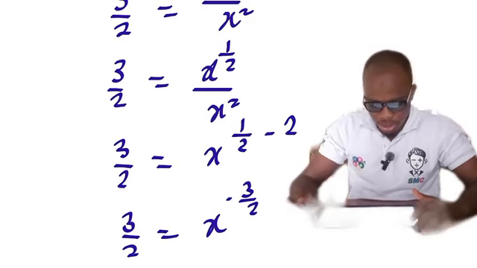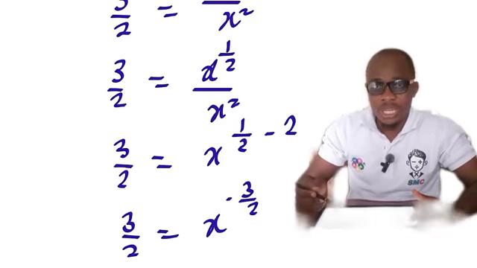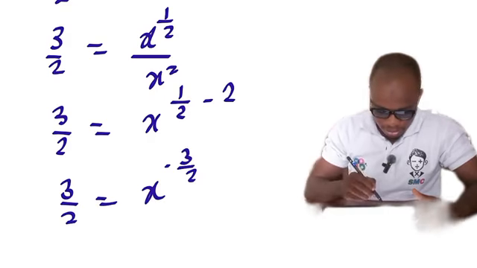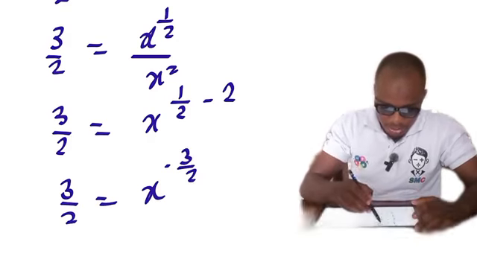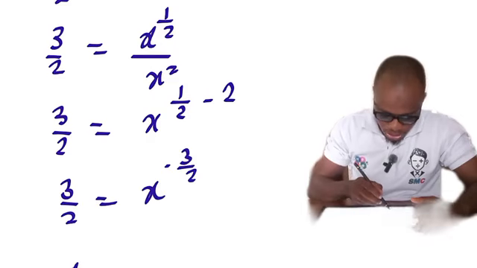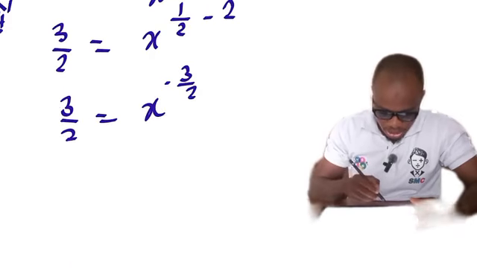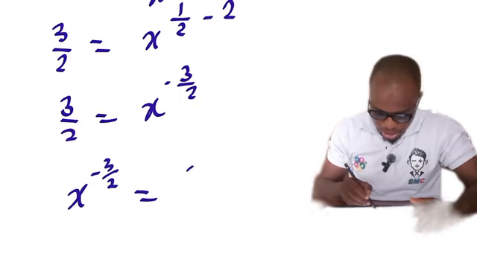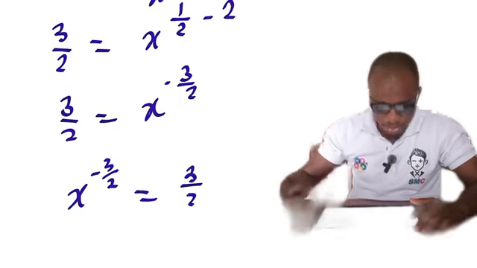All right, so moving on. The next thing we're going to do is rewrite this as x to the power of minus 3 over 2 equals 3 over 2.